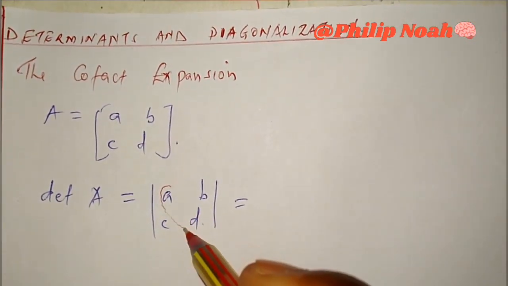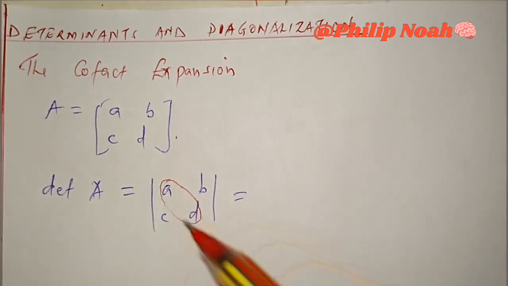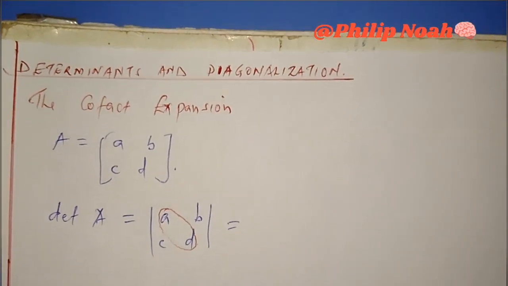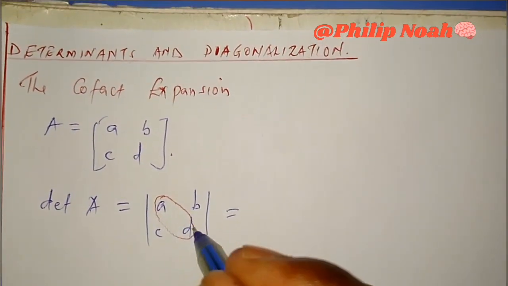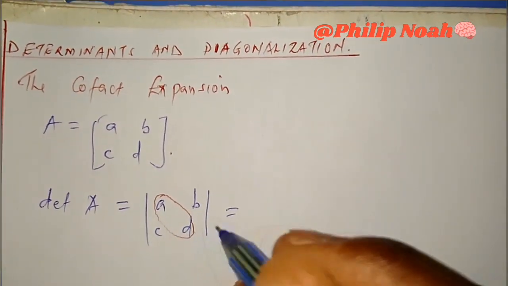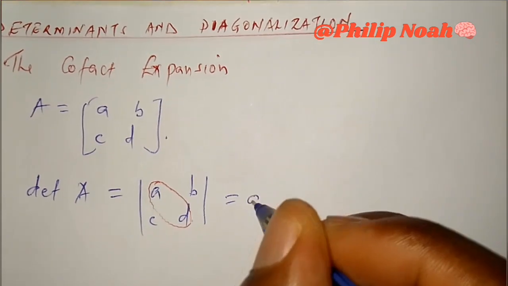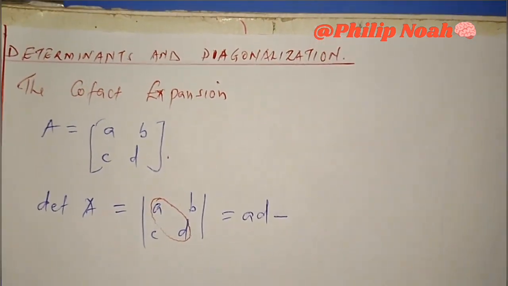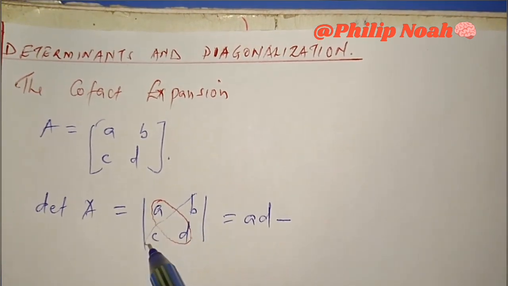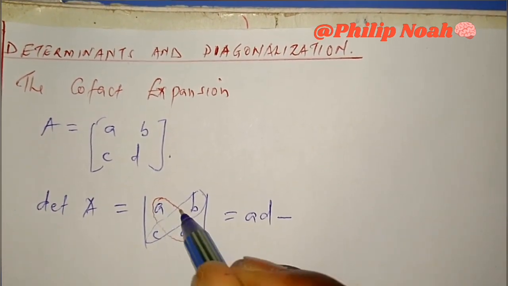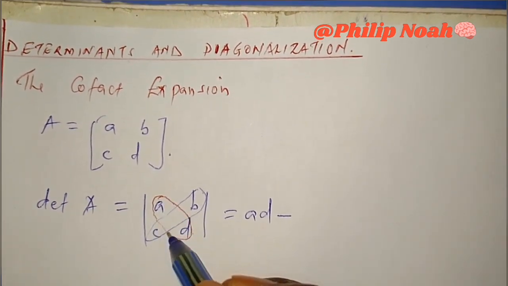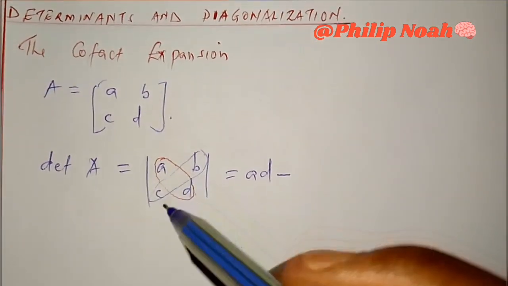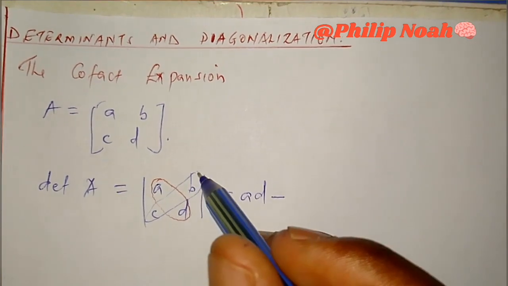You get the product of the elements in this diagonal, that is A and D. So the product is AD. Then we subtract the product of the elements on the other diagonal. The red ink is the main diagonal, and this is the other diagonal.